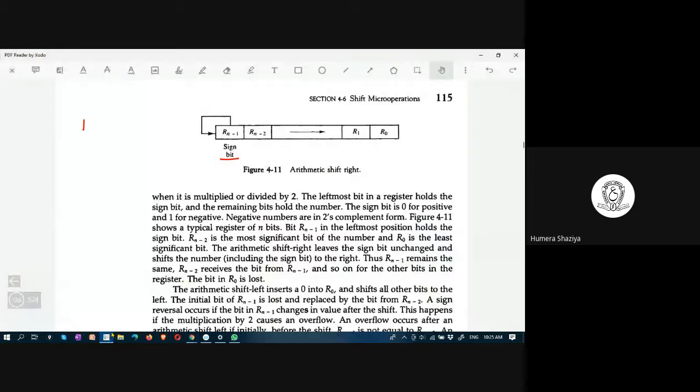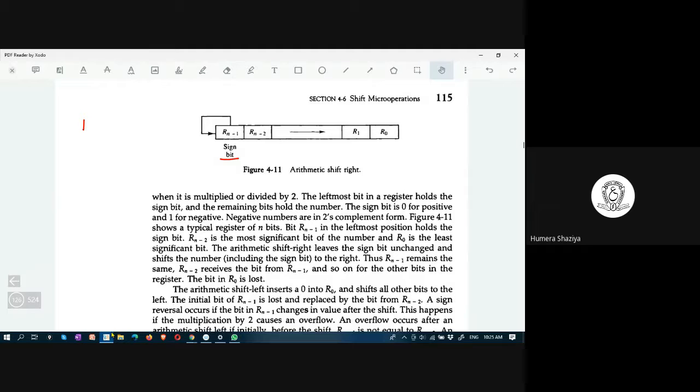If there is a 1 at this position, it signifies a negative number. If there is a 0 in this leftmost position, it denotes a positive number. All right.